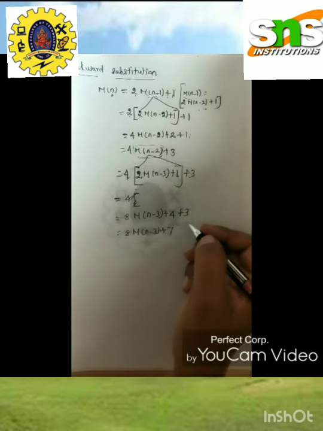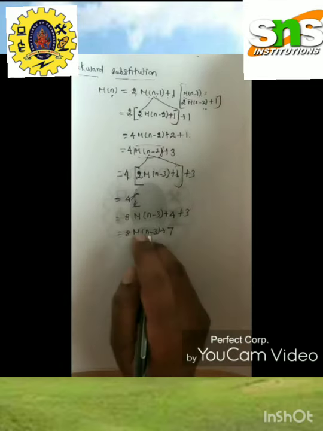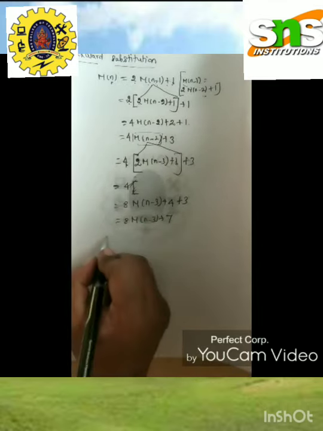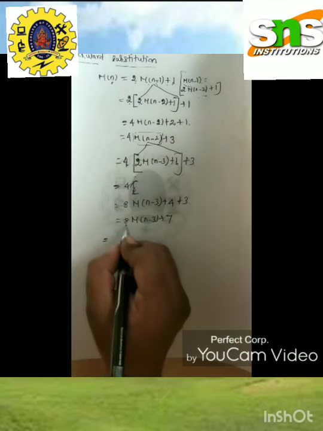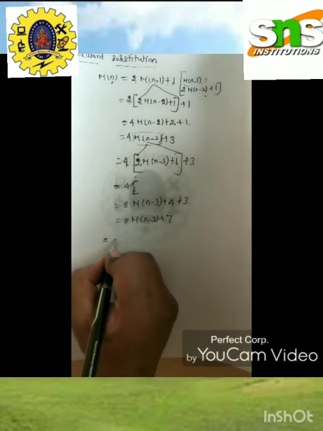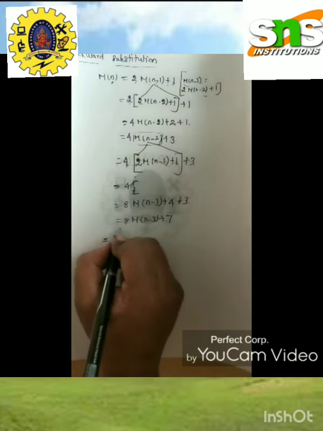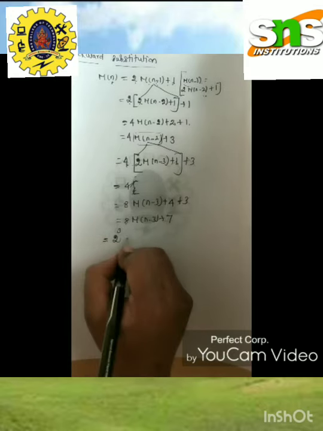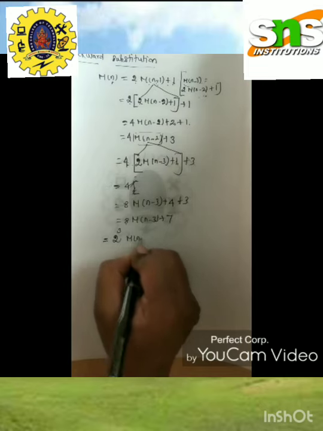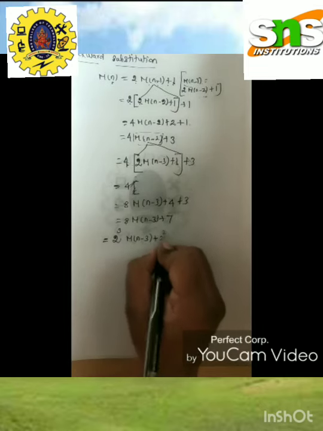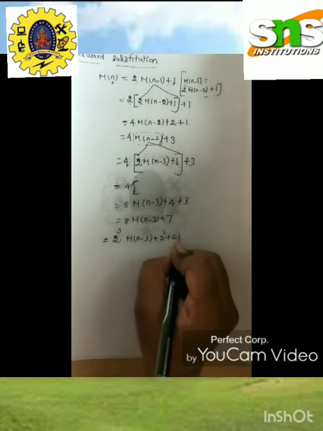I want to simplify this into the general term, so I want to use a formula method. Here 8 can be written as 2 power 3, into m of n minus 3, plus 2 square plus 2 plus 1.